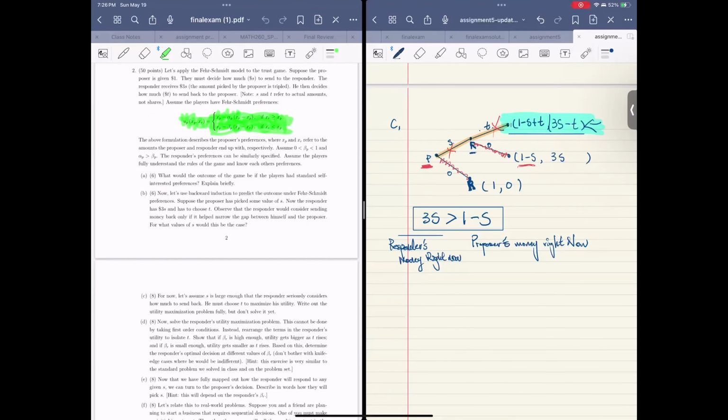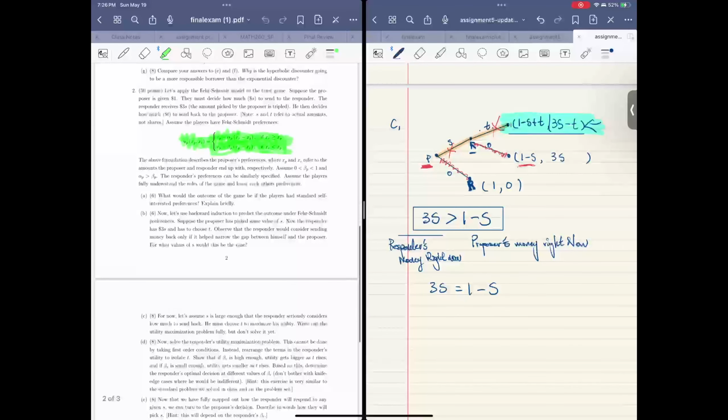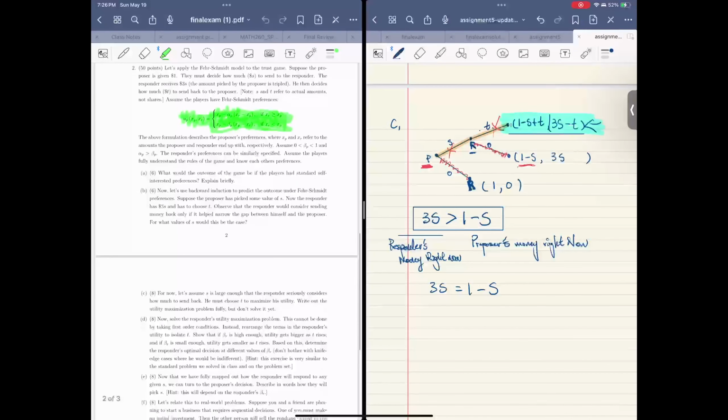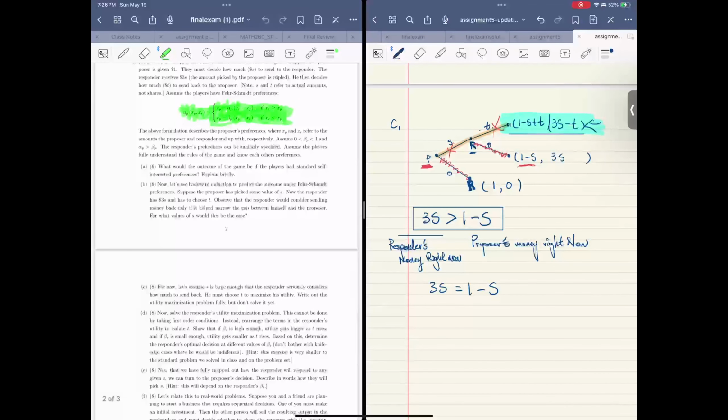If our amounts of money are equal, according to what we concluded on the Fair-Schmidt model, what happens?